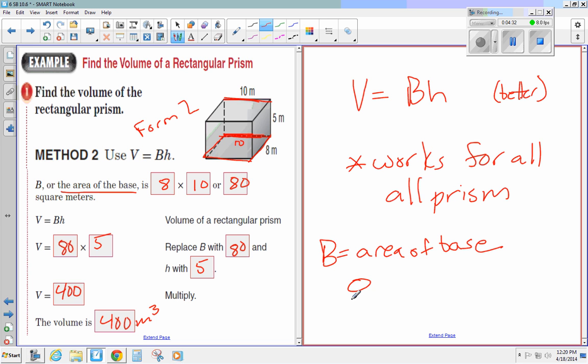Whether it's a cylinder, whether it's some triangular shape, or whatever the shape is, you will be able to find it if you know the area of the base times the height.